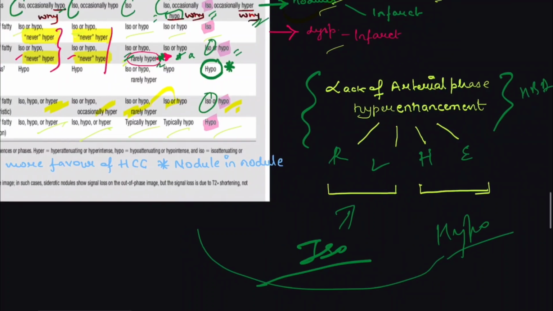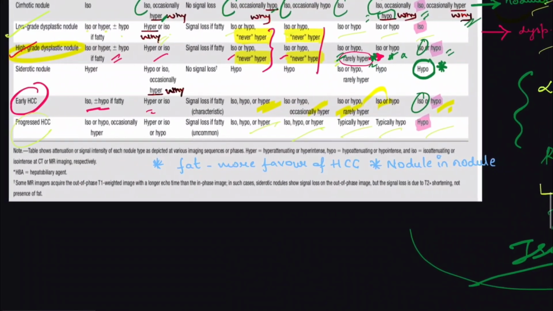Another variety is the siderotic cirrhotic nodule. These are subcategories of dysplastic nodules having iron within them, so they are hyper on unenhanced CT. They can be hypo, iso, or hyper on T1 depending on the amount of iron.